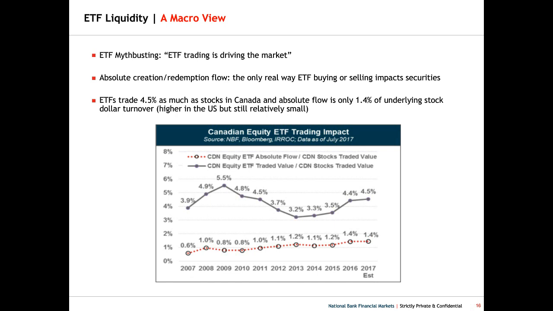Furthermore, of course, the real way ETFs impact the underlying market is through the subscription and redemption mechanism, as I explained. And you can see, based on the red dotted line at the bottom, the absolute subscription and redemption flow is even less, only 1.4% of stock market volume. Now, this further strengthens the point that, at least for Canadian equities, the underlying market is very, very liquid compared with ETF volume.